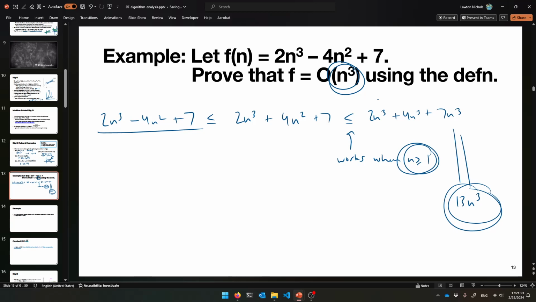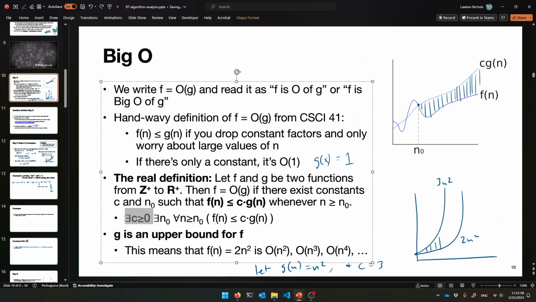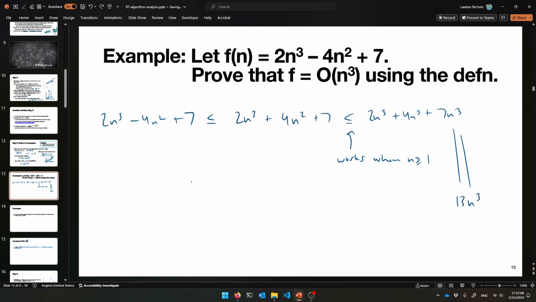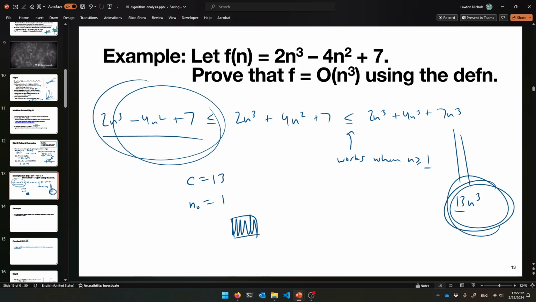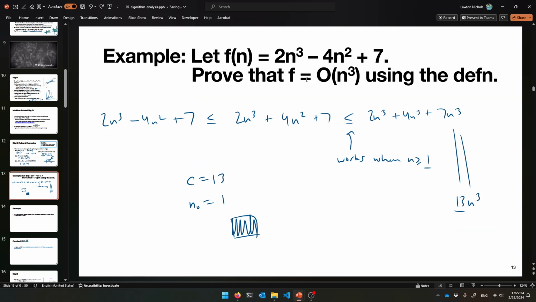Just with math, I've used the definition of big O. I need to find a constant and an n naught such that for every n after that n naught, my constant times my function is bounding above the original function. I just did that. c equals 13. There it is. n naught equals 1. There it is. Now you know why this function bounds above this function. And that's what I needed to prove that f is big O of n cubed.